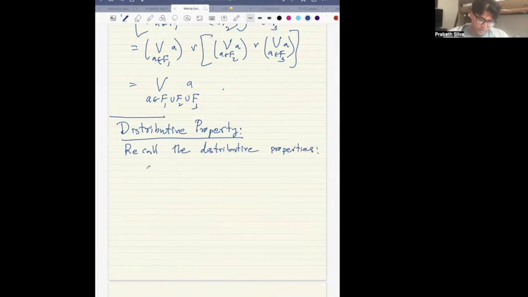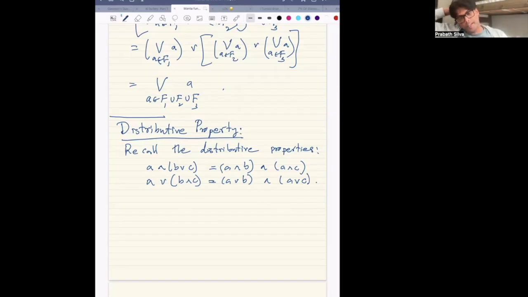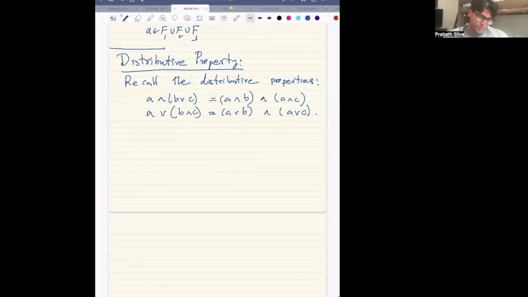So these are the distributive properties. Now, so two examples.